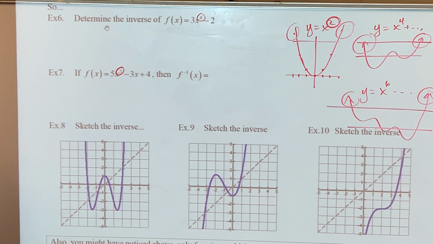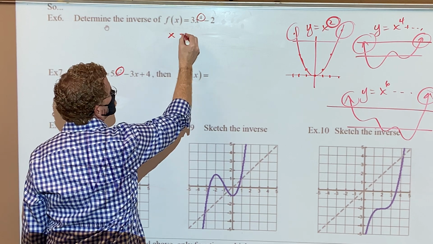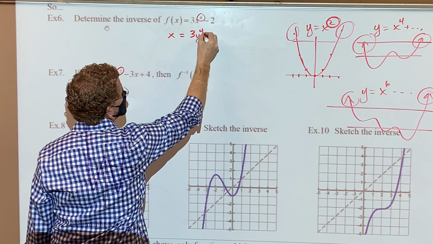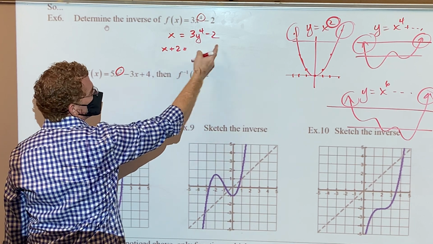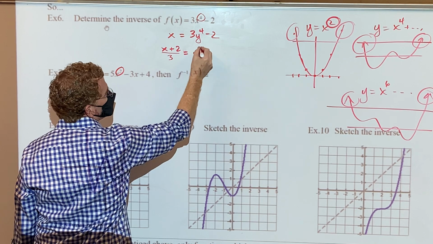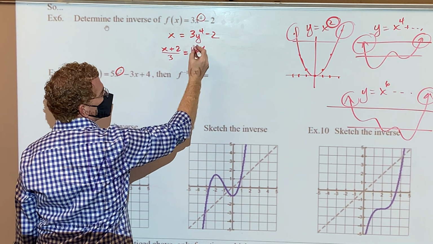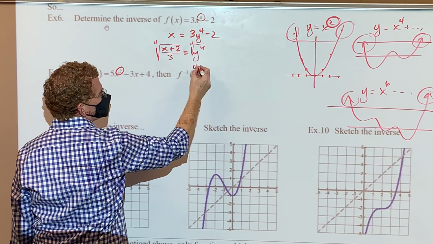Now, if you didn't catch that, and you went through the trouble of changing that to X and changing that to Y, look what happens in your process. You add the 2, you divide by the 3, and what would your last step be? 4th root? What happens when I 4th root both sides?